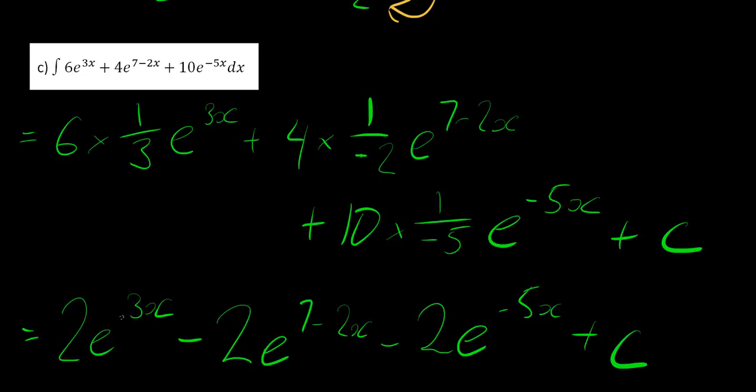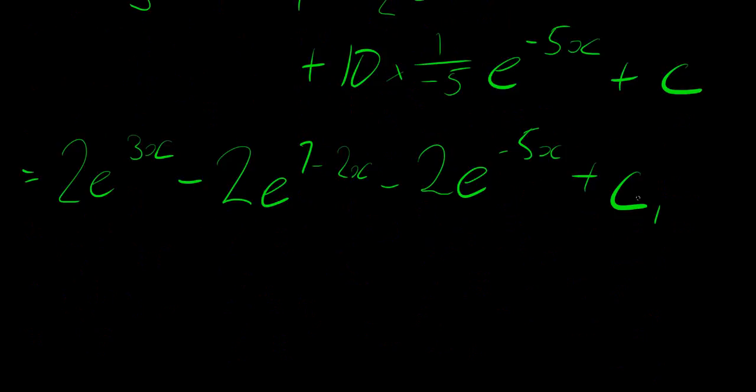Of course, you can factorize 2 right to the front and make your constant over here c1 and say that you have a factor of 2 being taken out, but it's really optional. It's up to you. But if you do want to factorize it out, you can say it's this instead, taking 2 from each of the e terms.